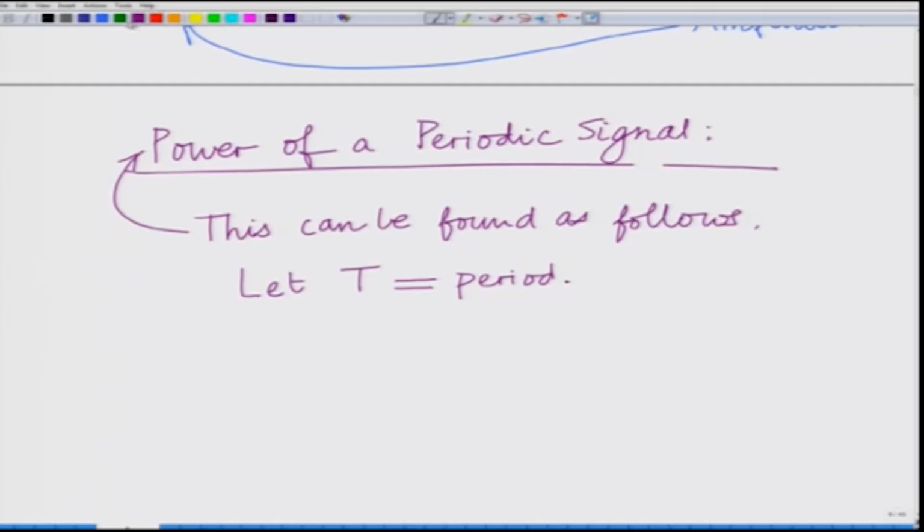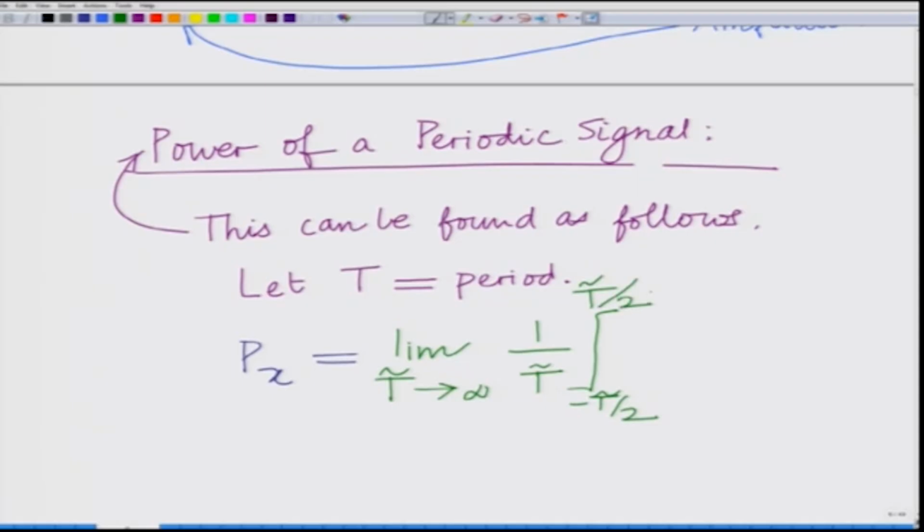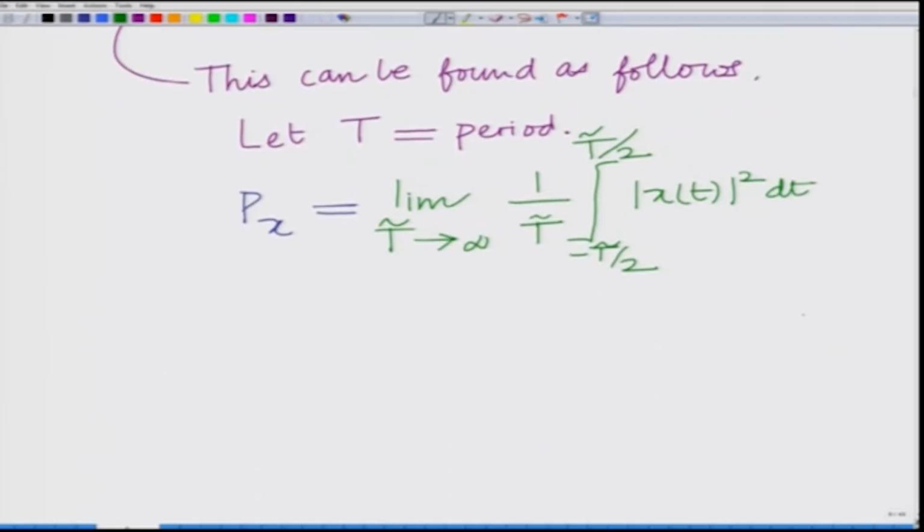Then, from the definition of the power, we have Px equals the limit as t tilde tends to infinity of 1 over t tilde times the integral from minus t tilde divided by 2 to t tilde divided by 2 of magnitude x t square dt.